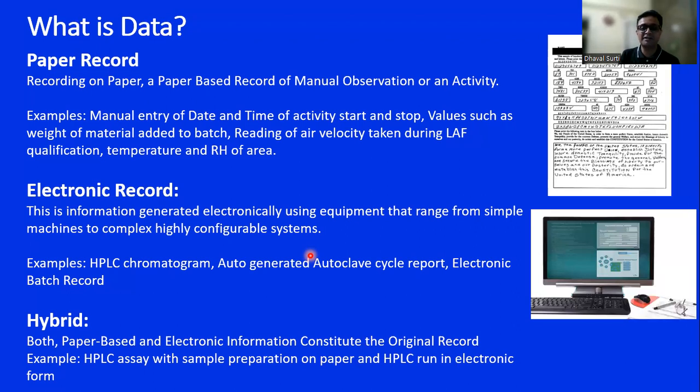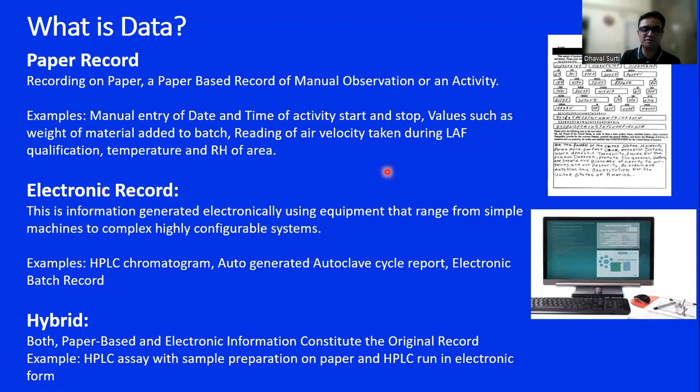Reading of air velocity taken during LAF qualification, where when we are qualifying our laminar air flow, we are writing the readings from the velocity meter on paper, so it's a manual record. When we are recording temperature and RH of an area by looking at the display and it's not electronic, then it's a paper record.